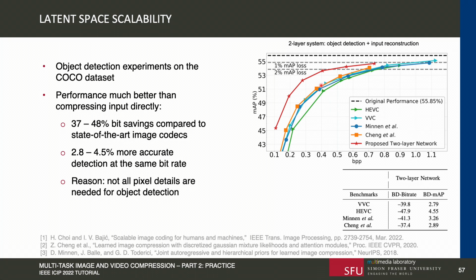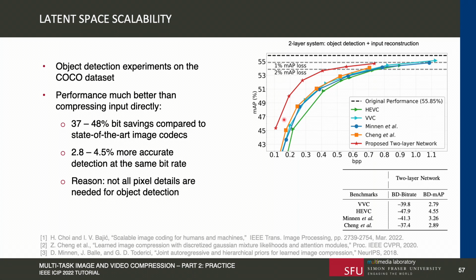So the group of lines here that show MAP versus bitrate correspond to various codecs applied to input images. So the green line is HEVC, the light blue line is VVC, and then we have the two prominent end-to-end trainable image codecs. And this red line here is the performance of this system that we've just described, but when only decoding the portion of the latent space dedicated to object detection. In other words, only that kind of base layer.